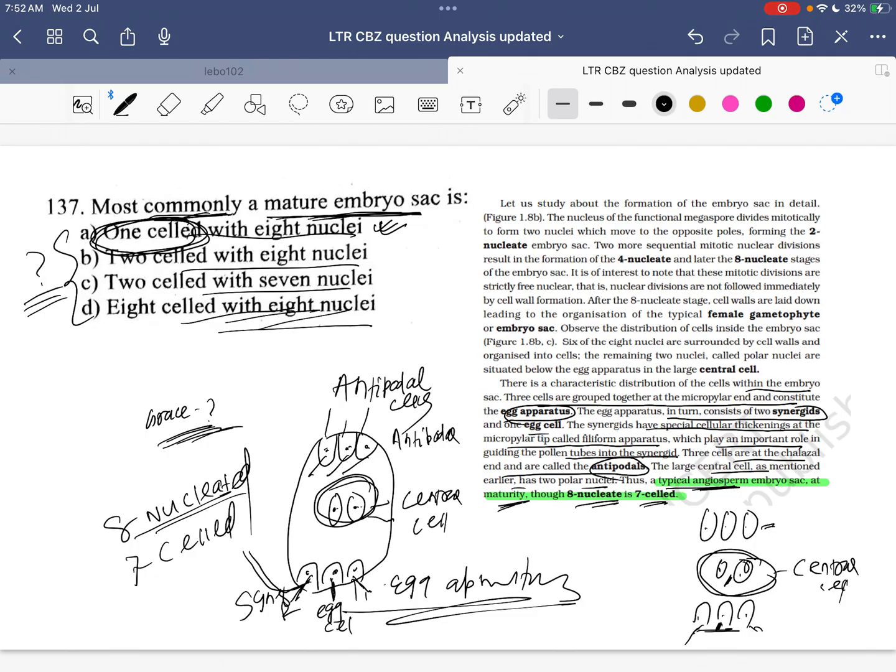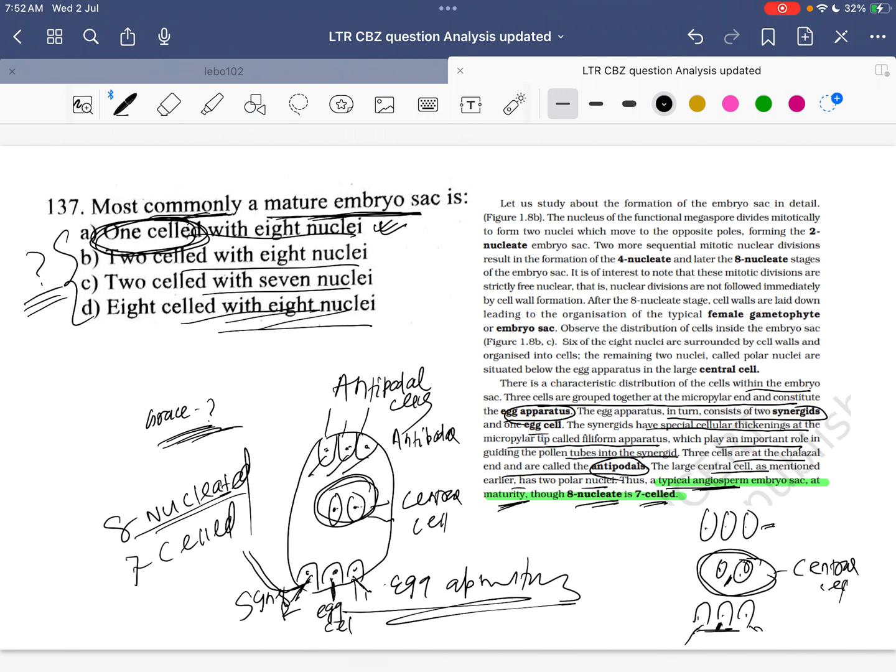Some industry-level NEET edtech channels have also written in their models that it is 7 cells and 8 nuclei. In IGNOU's books also they say this is the polygonum type of embryo development.